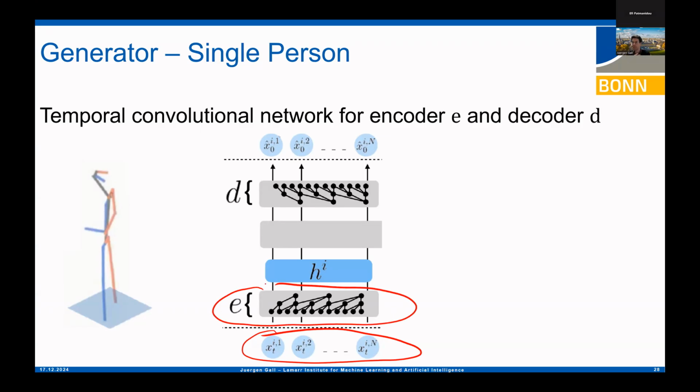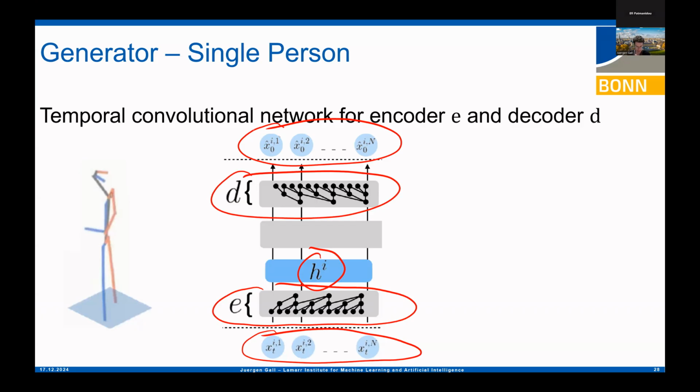Here we have a bottleneck, so we reduce the temporal resolution, which gives us the latent space, hi, as an intermediate representation. Then we have a decoder, which is just the inverse of the encoder, again based on temporal convolutions. And then we get a denoised version of our time series consisting of the observed and future poses. So this is the network architecture for the diffusion model for a single person, applied in a single diffusion step.